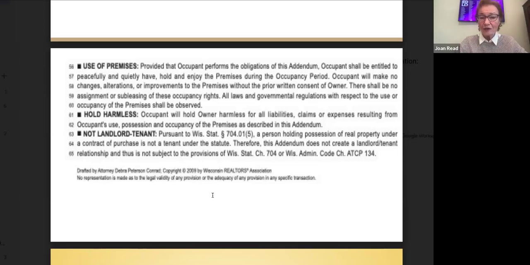This is not a landlord-tenant relationship. That's come up quite a bit because people are trying to put responsibilities on either the landlord or the tenant. They have to remember that they are not a tenant and a landlord, so they can't put those rights of tenancy onto this occupant.